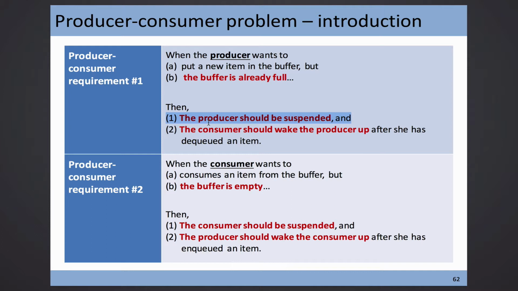So this suspension is due to the down call over the semaphore. The wake up is by his partner, okay? The partner wakes him up, in the sense that he calls up on the same semaphore that is shared between the producer and the consumer, okay? So the bottom part is the reverse of the case, so I won't explain it too much.